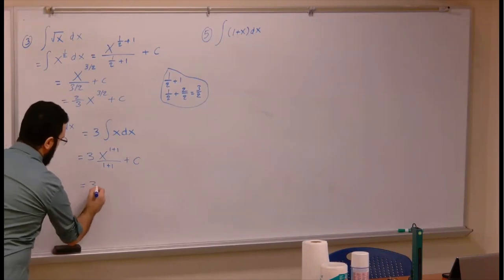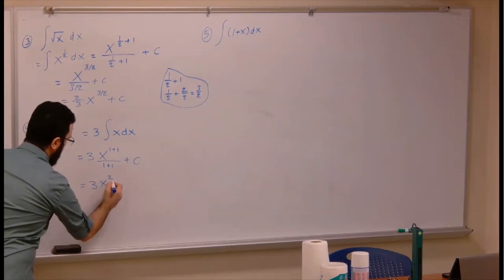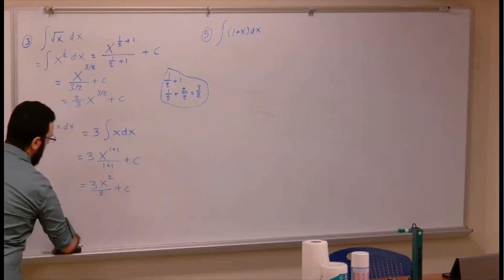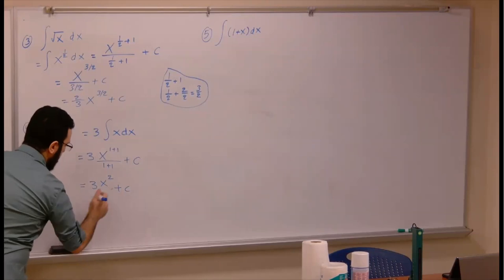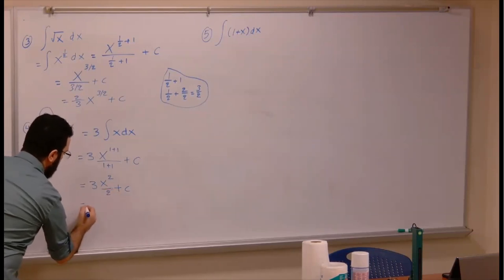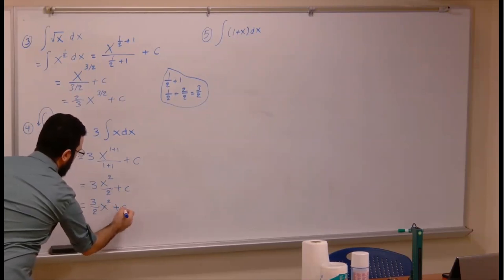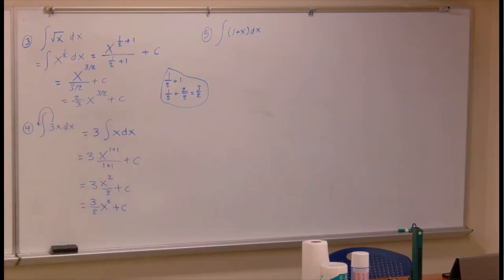That means it's going to be 3 times x squared over 2 plus c. Then you can write it as 3 over 2 x squared plus c. So here's the integral for 3x dx. So every time when you have a constant, just take it outside the integral and find the integral for what you have here. x squared, x cubed, x to the power 4 will be the same thing.